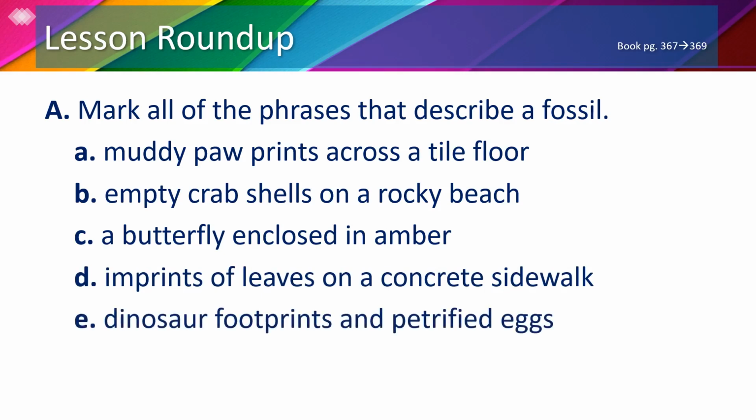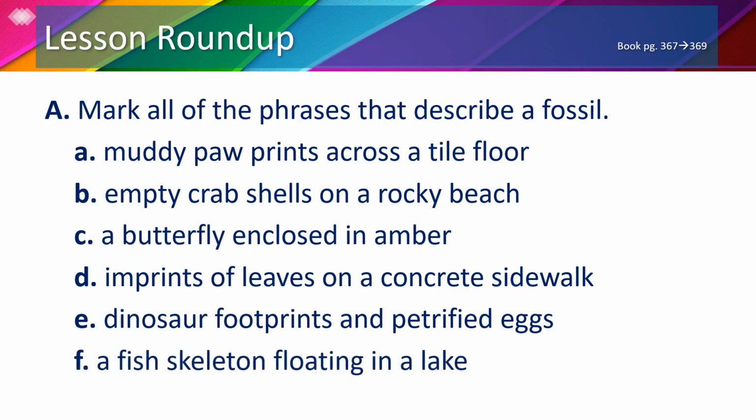E. Dinosaur footprints and petrified eggs. Or F. A fish skeleton floating in a lake. In Exploration 1, we learned that fossils are the remains or traces of organisms that lived long ago. So which of these phrases describe a fossil? I believe you already guessed it. It's C and E.